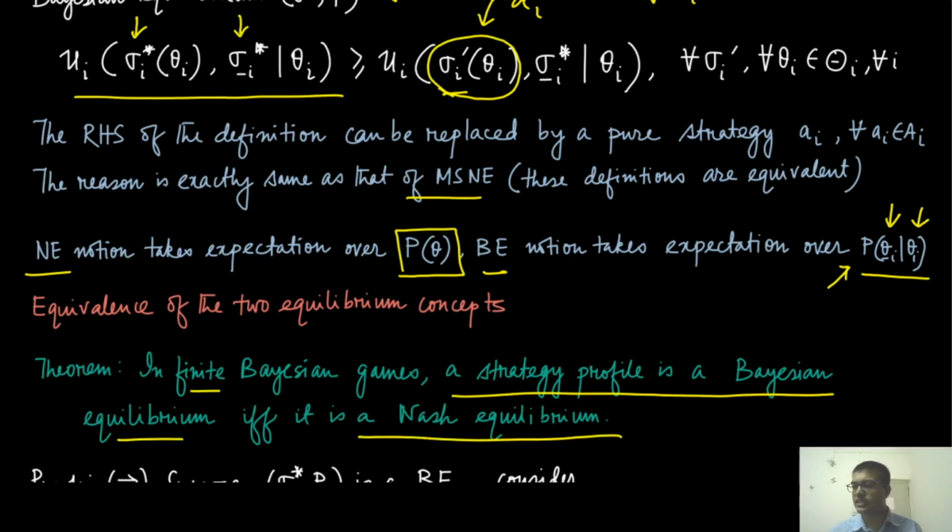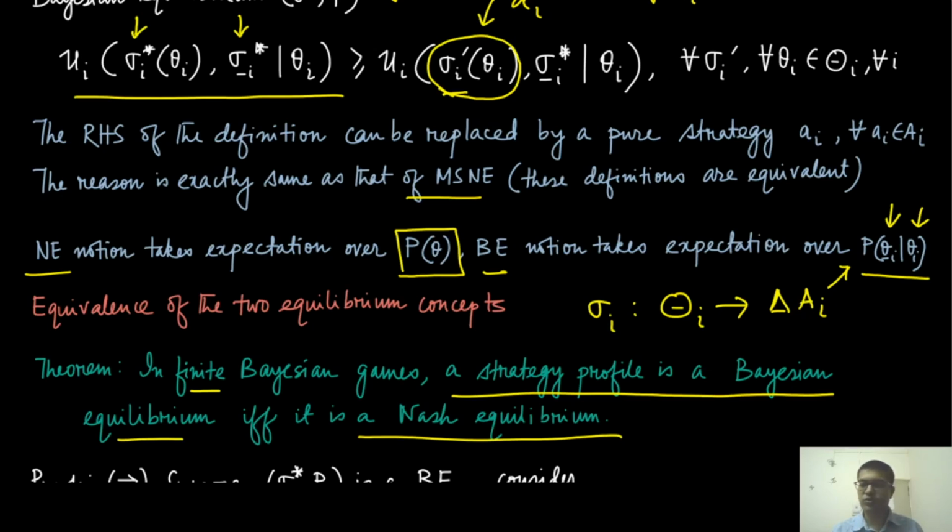Note that these σ_i's are still mappings from the set Θ_i to the simplex over A_i. So even though they are being treated differently, in the Bayesian equilibrium and the Nash equilibrium, the σ_i's are essentially living in the same space. So it is meaningful to talk about their equivalence, and this theorem says that they are identical whenever you have a finite Bayesian game.